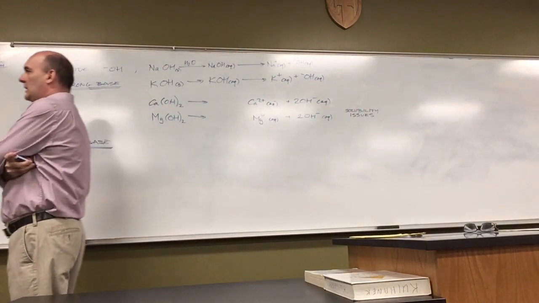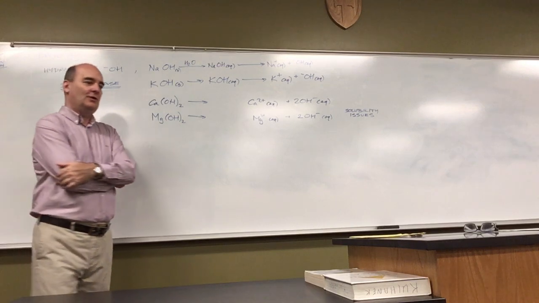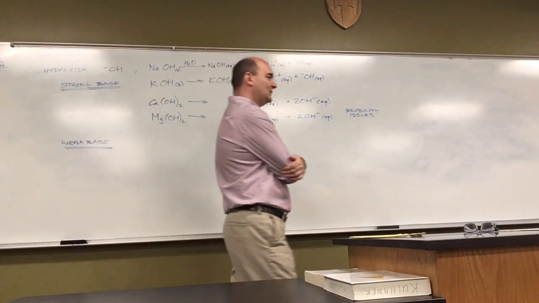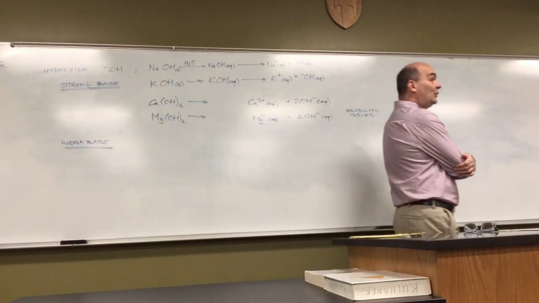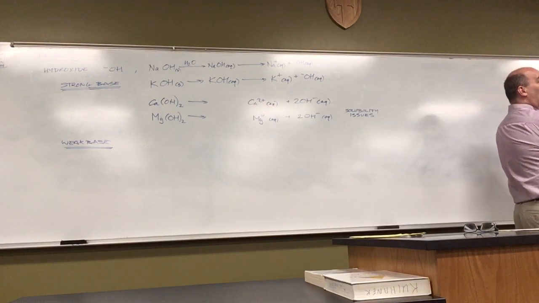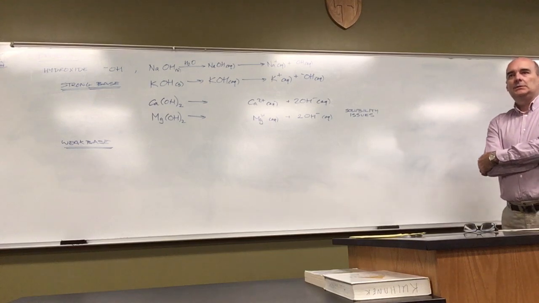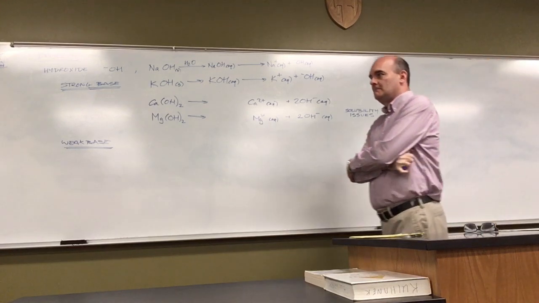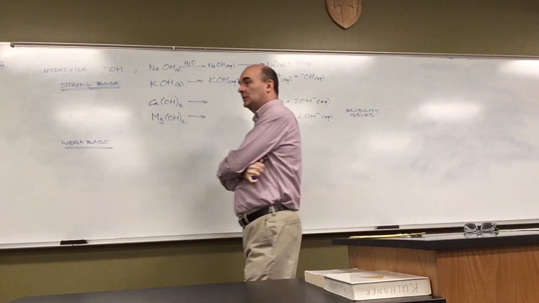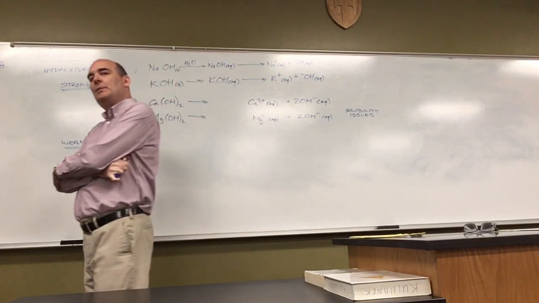From the Bronsted-Lowry definition of a base, you won't be able to see it. But from the Lewis definition of what a base is, you can predict by drawing a Lewis structure of a molecule whether it will be a base or not.